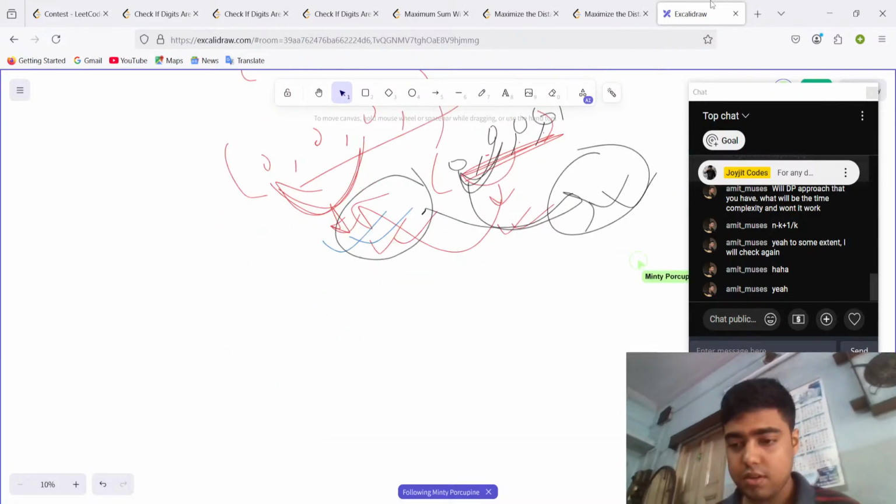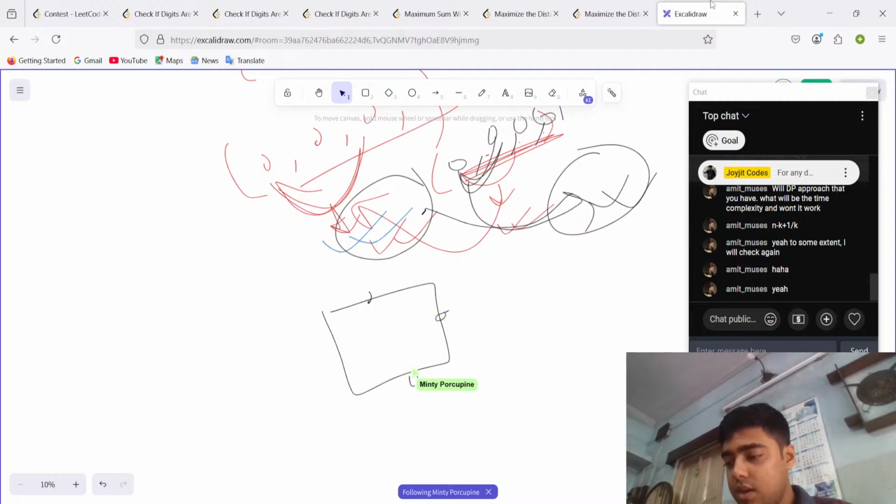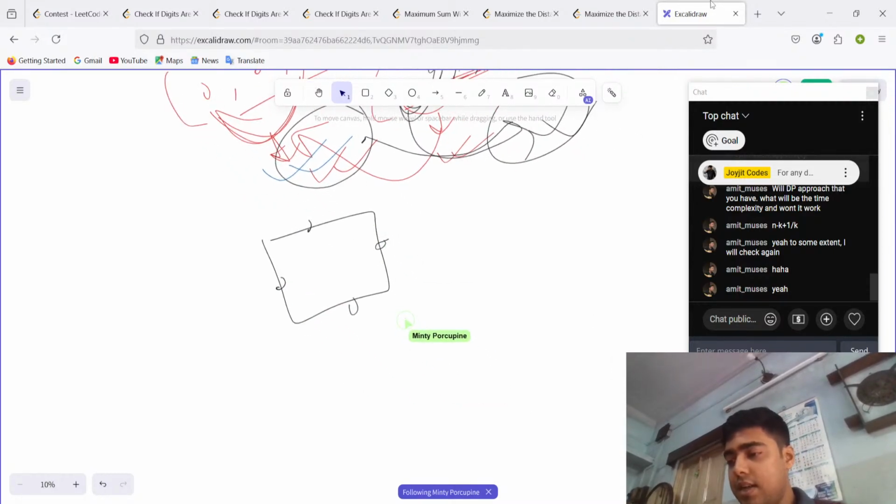What he meant is, if you know that there is a square and all the points are on the square, we can flatten this whole square. What do I mean by that? Let's say this square starts from this point and ends at that point.